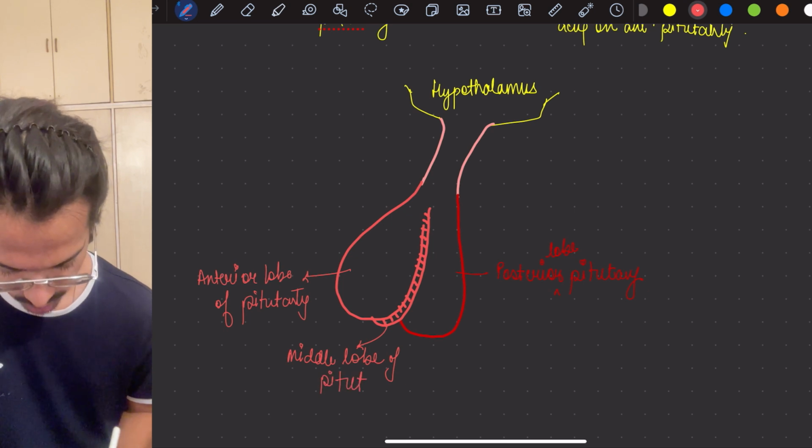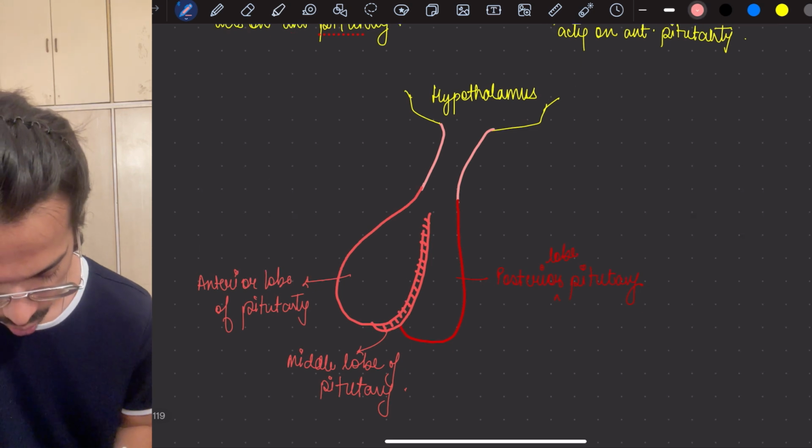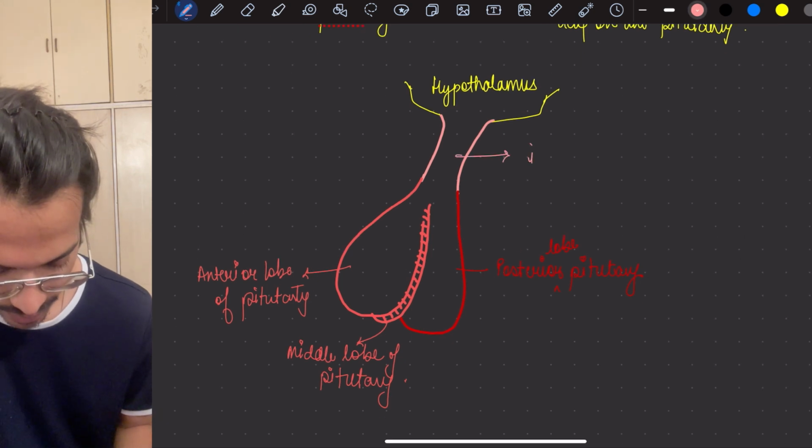This stalk-like structure is called the infundibulum.